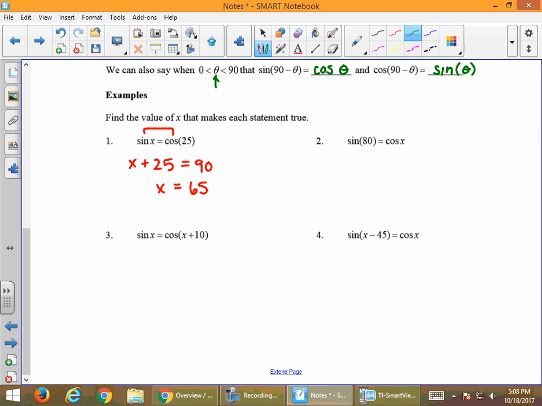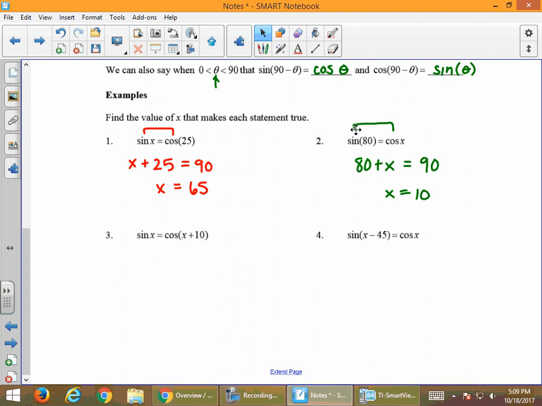All right, go ahead and try number 2 on your own. Use the same model as we did in number 1. You can press pause now. All right, as I take a look, the sine is equal to the cosine, which means that the two things, 80 and x, have to be complementary. If I subtract 80 on both sides, x would have to equal 10.